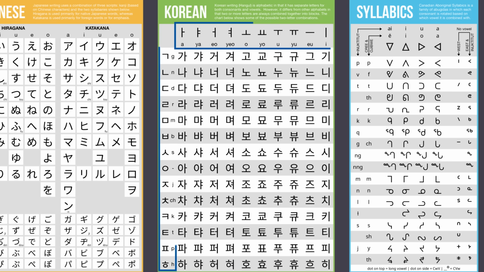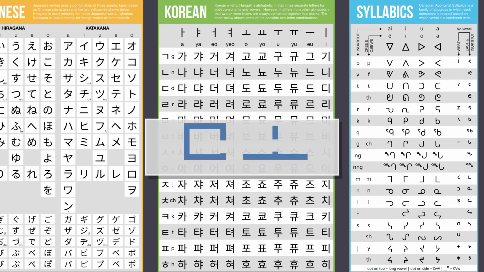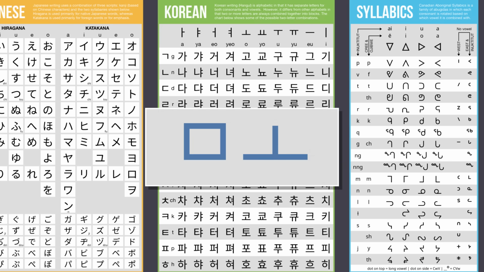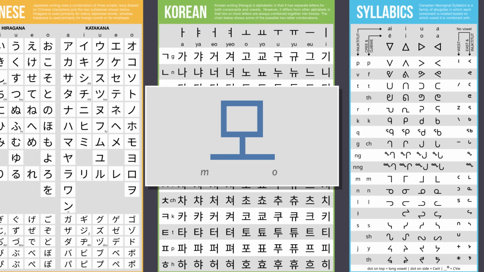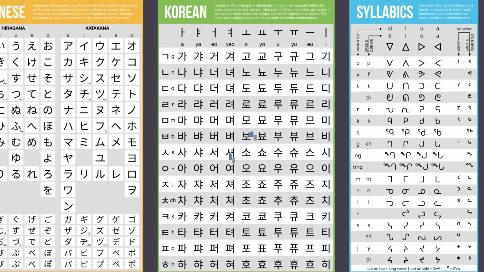So there's no need to learn all of these syllables. You simply have to learn the consonants and then the vowels. For example, if you know that a square is an m sound and that this symbol is an o sound, then you know that this combined character is pronounced mo. So technically, Hangul is an alphabet, not a syllabary.